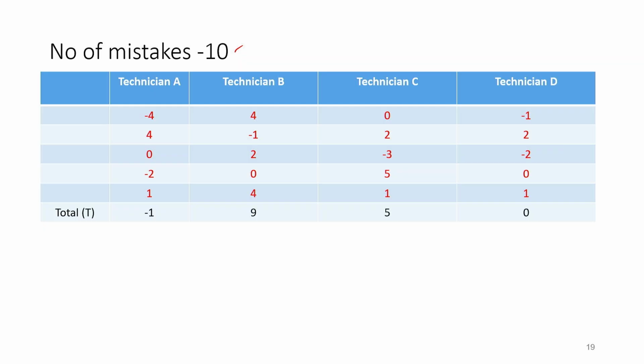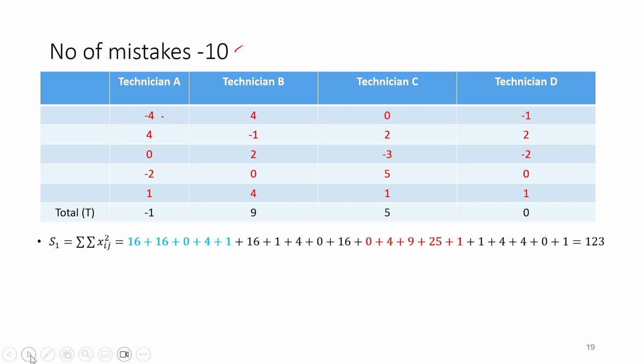We'll be able to save a lot of time, and the possibility of committing an error while calculating will also be much less. That's why we have done number of mistakes minus 10, and these are the figures. Some figures have become negative, some have become 0. That is fine.